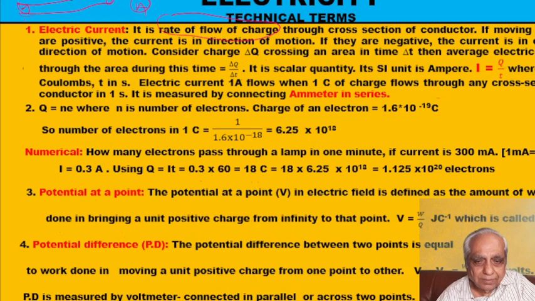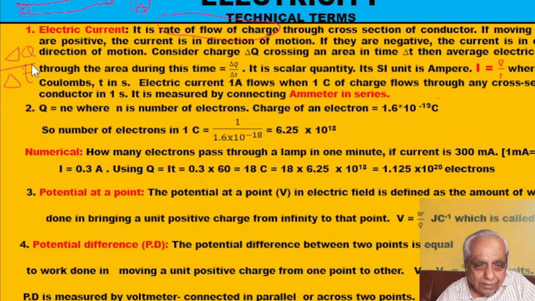So, if delta Q is the charge that has flown from A to B in time delta T, then delta Q upon delta T is the average current during this time delta T. If the rate of flow of charge is not uniform, it is the average; but in case it is uniform, then delta Q upon delta T is the current.